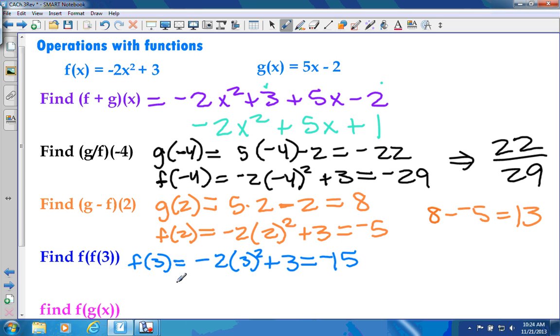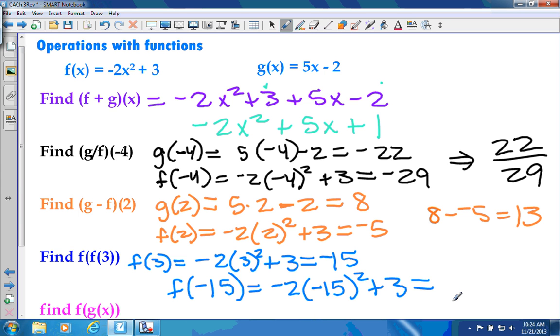And then substitute negative 15 back in. And that's 225, so 450 negative plus 3, so negative 447.